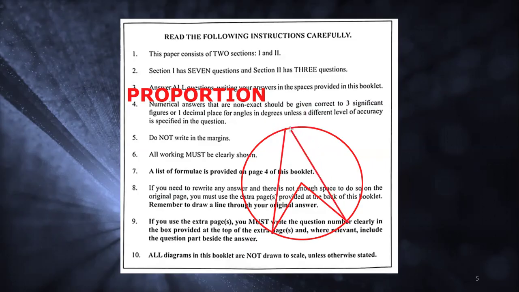So if you're looking at this carefully, you can clearly see which angle is the bigger one. Now, it does not mean you can find out the exact amount of degrees, but we can clearly see by inspection that the angle at the center is actually greater than the angle at the circumference.